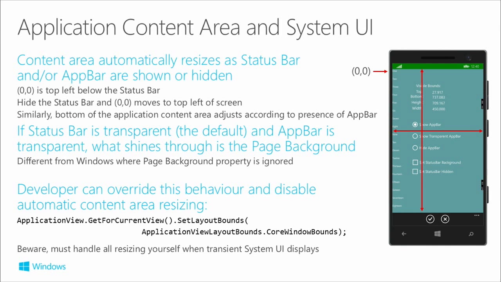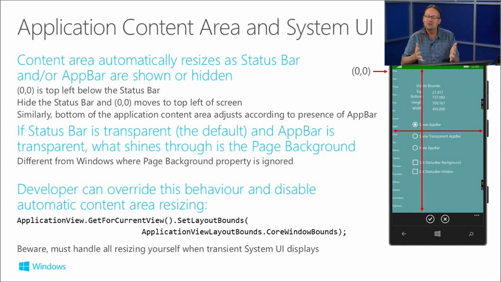Well, the good news is your display area that you are drawing to, the 0,0 view pixel position, which is the top left corner of your canvas, starts immediately under the status bar at the top left hand corner of the screen. And it extends automatically down to the top edge of your application bar.